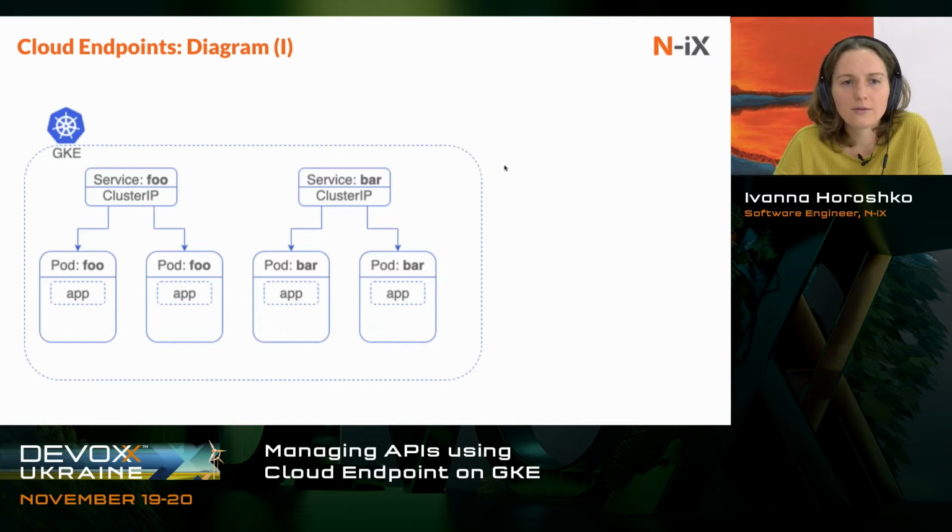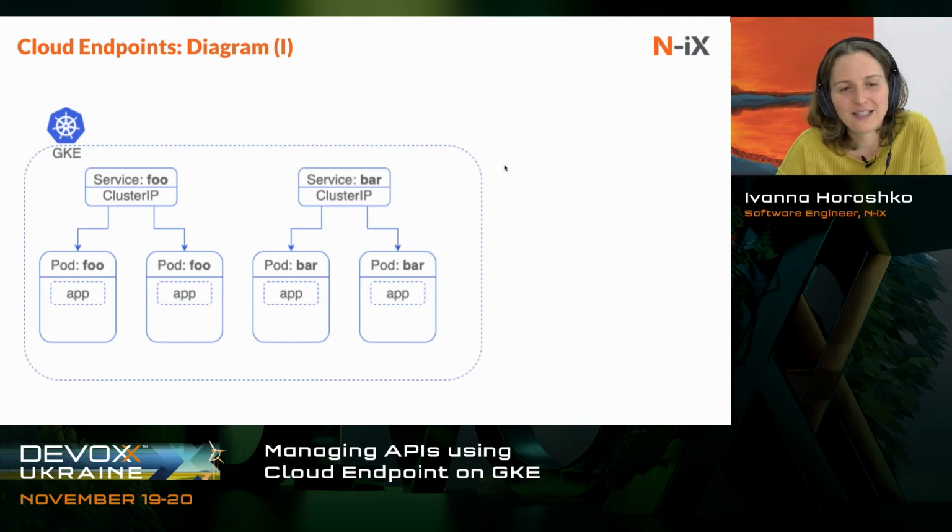Here I have a diagram showing two applications, foo and bar. Yeah, I spent a lot of time thinking about names for those applications. They both run on the GKE cluster. Each of them has 2 pods. Normally I would put 3, but because there's limited space on this slide, I have only 2 pods of each one.